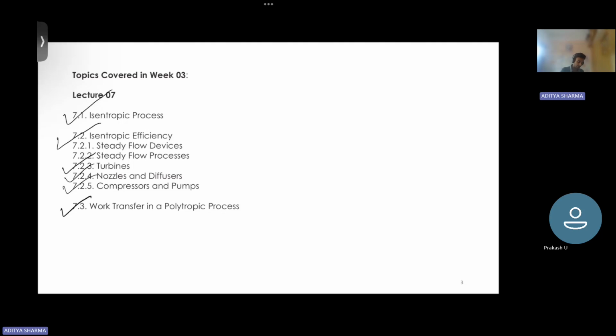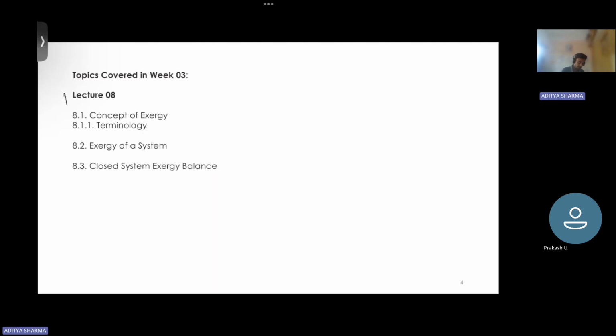So in lecture 8, the concept of exergy has been introduced. So what is exergy basically? Various statements have been made in lecture 8 regarding exergy. For example, exergy quantifies the potential for use of energy.